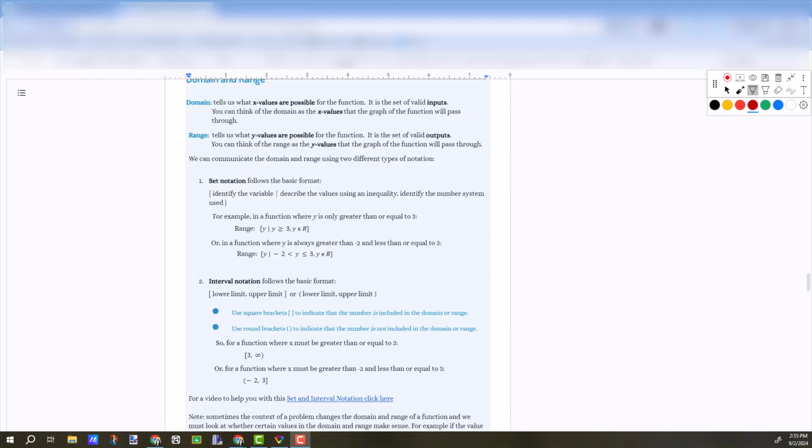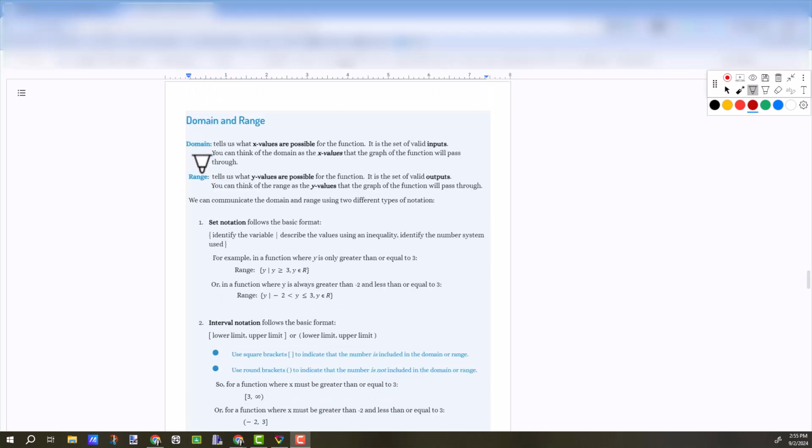Now we're going to head on over to domain and range. Now, you've seen these before, and sometimes we don't always like domain and range. But don't worry. Domain and range for quadratics is actually pretty easy.